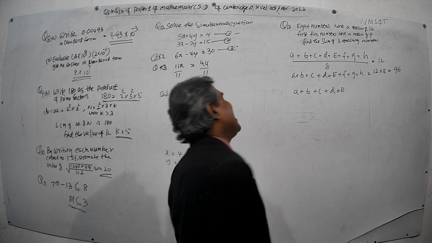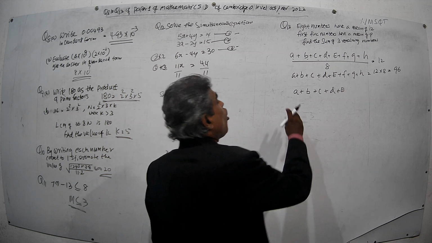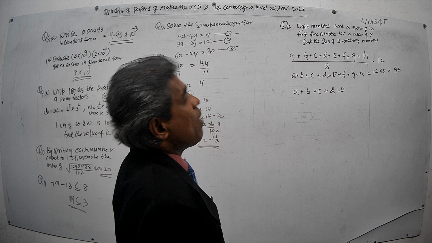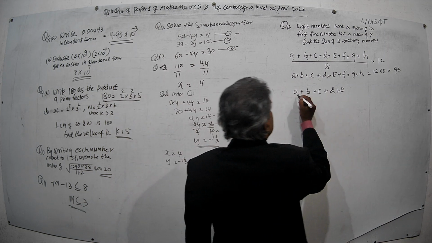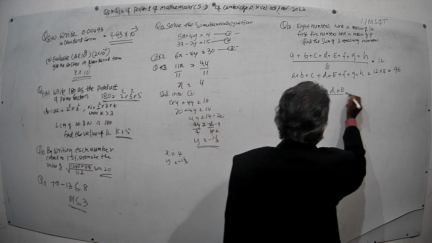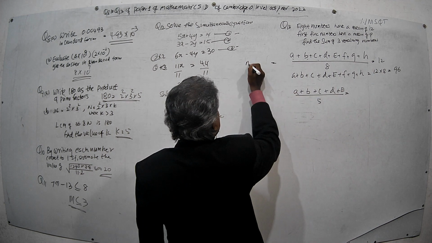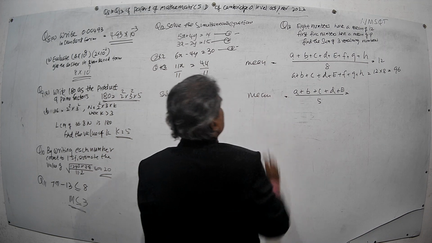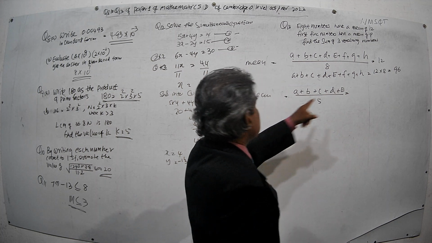Now how do we find the mean of the first 5 numbers? You add all the first 5 numbers and divide by 5. That means the sum of the first 5 numbers divided by 5 equals 9. This is the mean of all 8 numbers, and this is the mean of the first 5 numbers.